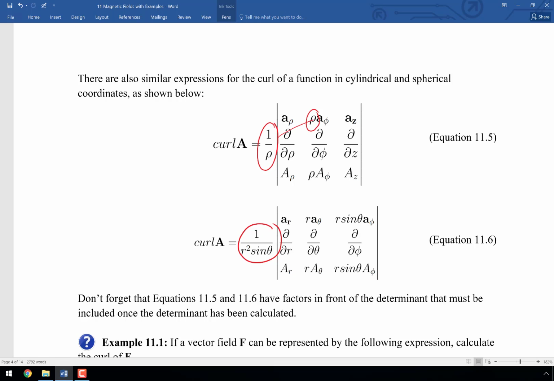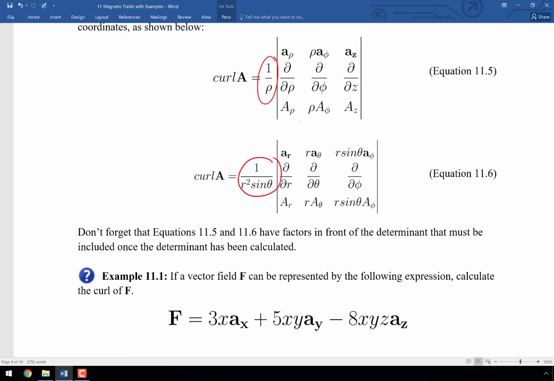The answer is definitely not, because you're going to need to take derivatives of these functions, and sometimes the derivative involves the rho, but the 1 over rho is always going to be outside of the derivatives. So my advice to you is, it's not really advice, it is a fact: don't try to pull those into the determinant, but don't forget them either. One of the most common mistakes in solving these equations is to forget those prefactors.